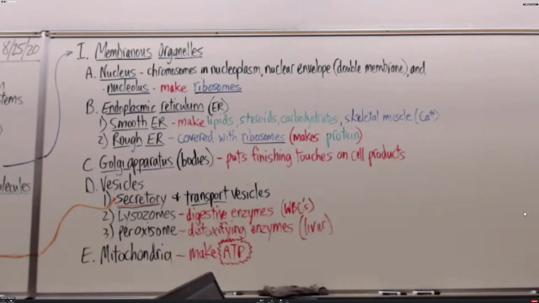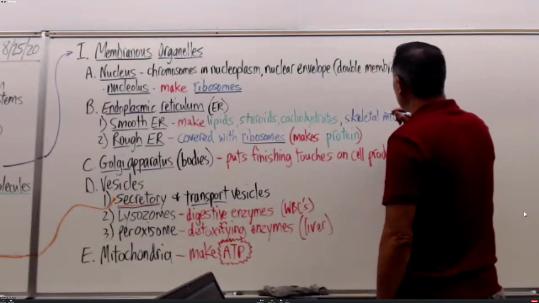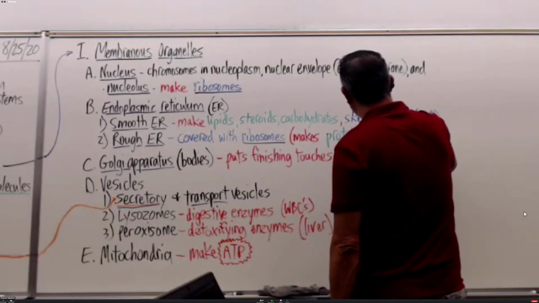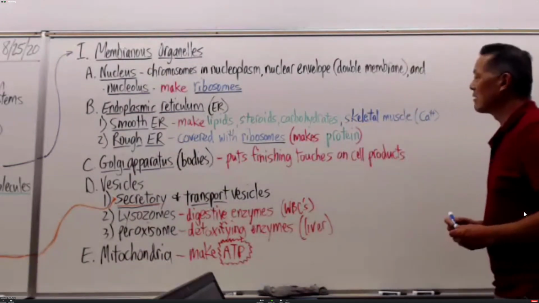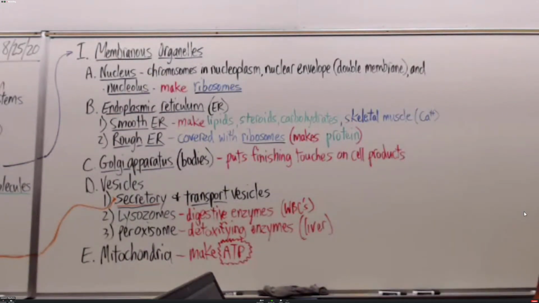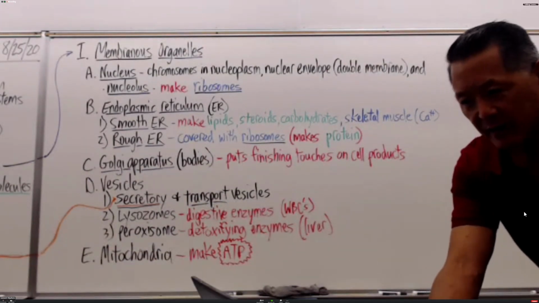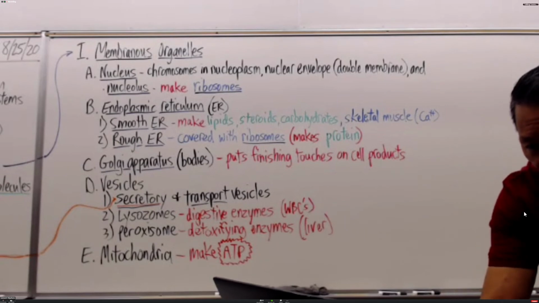If you need to look at your notes, you do not know it. Get used to that type of self-testing. Okay. Everybody got it? Okay, I'll leave that up for a while.